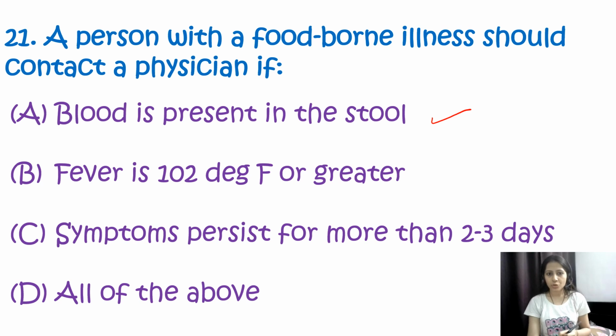Yes, this is also true, since this can indicate a more serious infection that may require medical treatment. And next, symptoms which persist more than 2 to 3 days. This is also true, since when symptoms persist for more than a couple of days, it indicates the illness is severe and we should contact a physician. So over here my correct option is D, that is all of the above.